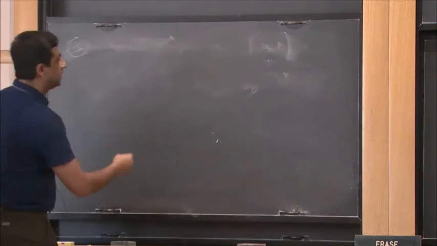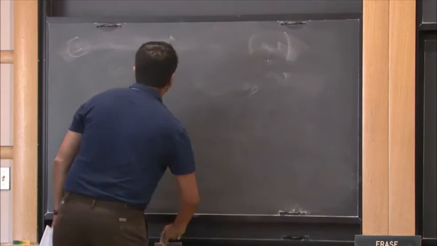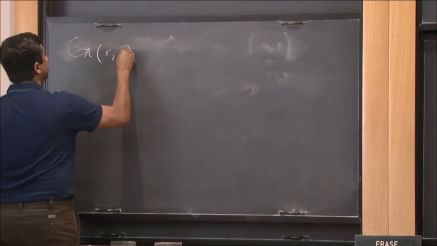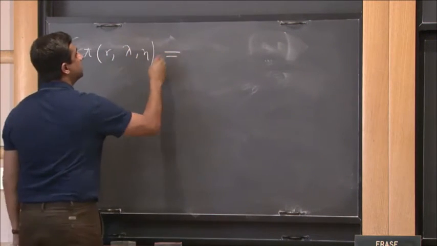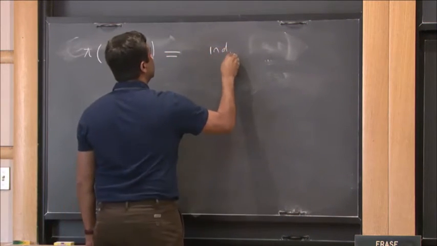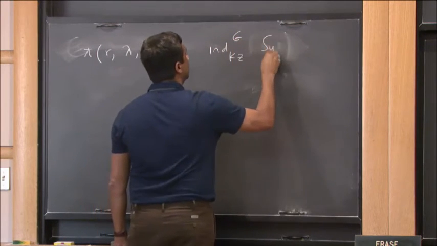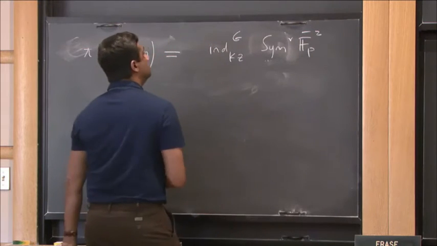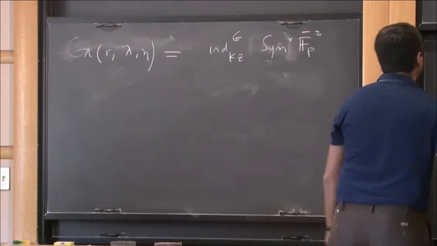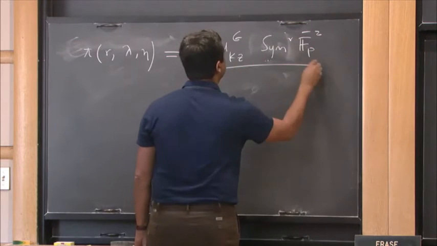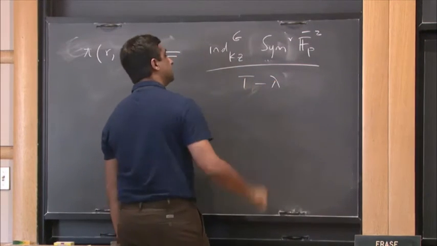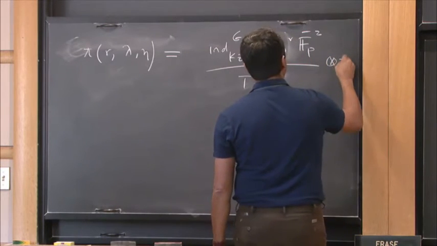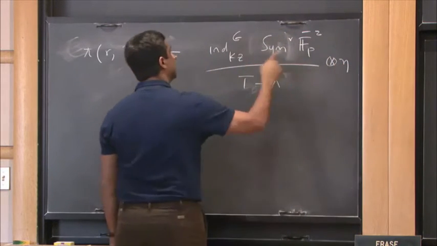Okay, so in terms of that data, there's this basic representation, which is usually denoted by pi_{r,lambda,eta}, and it is basically compact induction. Then you take the cokernel of the Hecke operator T minus lambda. I'll explain that in a second, and then you tensor with eta. So we have all the data r, lambda, and eta.